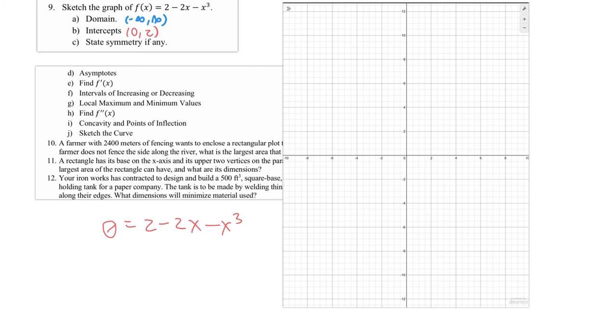And when I plug this into Desmos, I see that there is an intersection, an x-intercept at approximately 0.771.